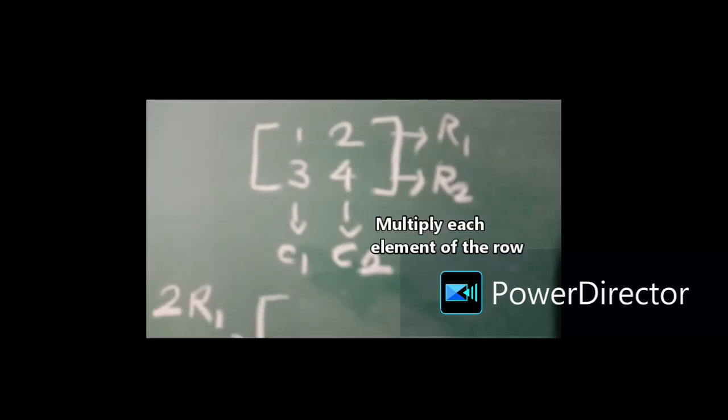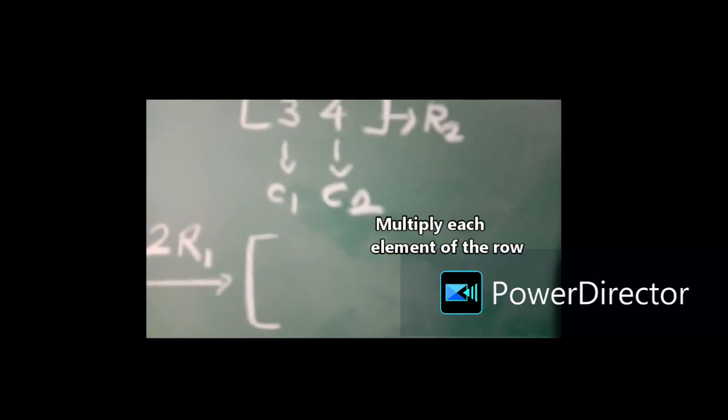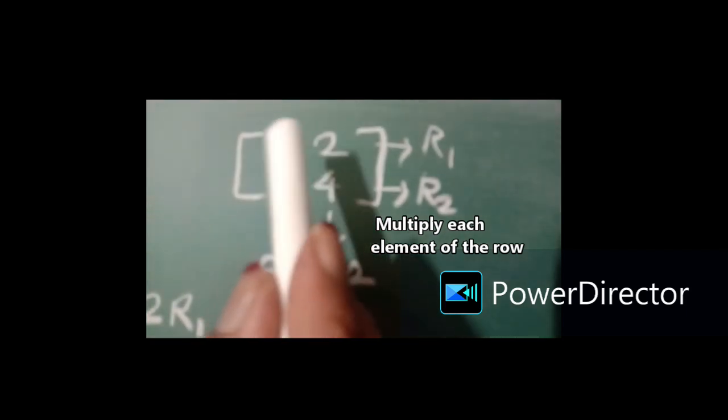So what will happen? I have to multiply each element of the row with 2. So here 1, 2. So this will give me 2, 4 and this will remain as it is. Remember what I told you? This is the one that is changing. So R1 dash is equal to 2R1.